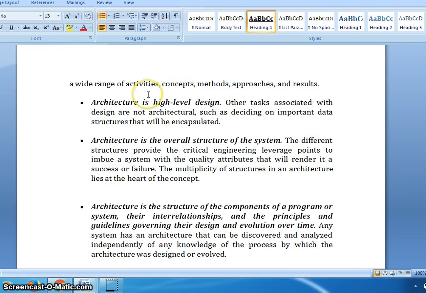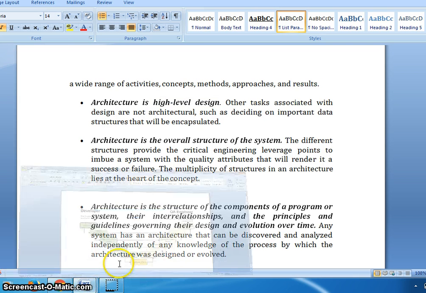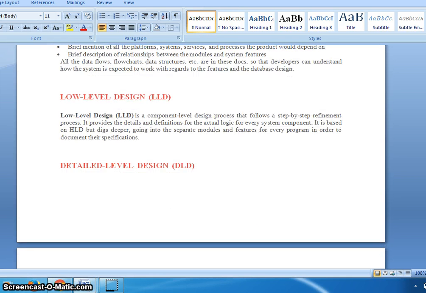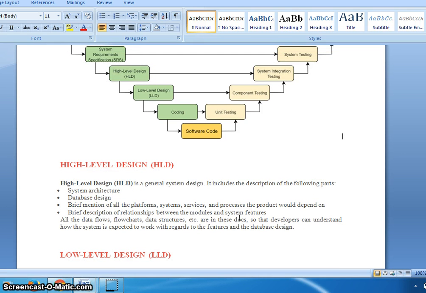And again the question arises, what is the meaning of high level design? In software designing there are three different styles of design: high level design, low level design, and the third classification is detailed level design. And the software architecture is a kind of design, and it is a high level design.